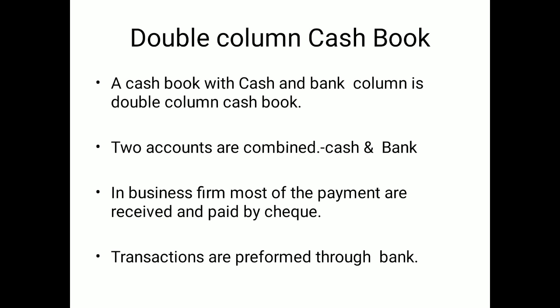In a business firm, most of the payments are received and paid by cheque. So when money is received or paid by cheque, it is required to open the bank column also. So transactions are performed through the bank as well as in cash, so both columns will be entertained here.